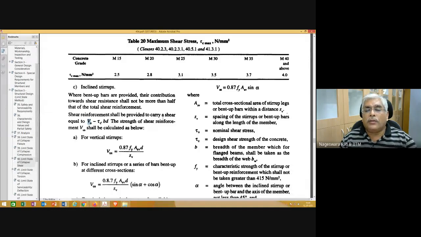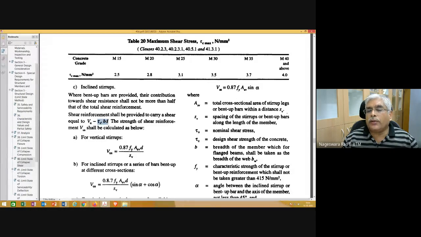And now Vu is actually the shear force at that particular section. So the shear reinforcement shall be provided for Vu minus tau c multiplied by b d. What is tau c? It is the shear strength of this particular member, which is going to depend on grade of concrete as well as the percentage of tensile steel. So once you get the shear strength, you multiply with cross-sectional dimensions b times d.